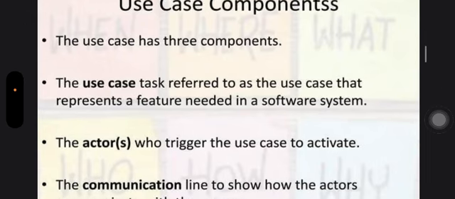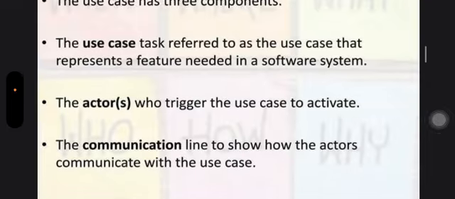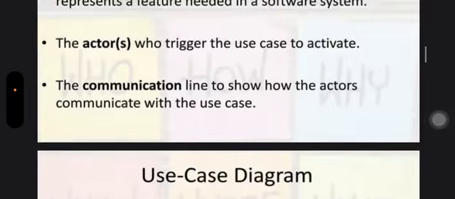The use case task refers to the use case that represents the features that system need, right? Then there is actor who uses the use case, and there is a communication line which shows the communication between the actor and the use case.